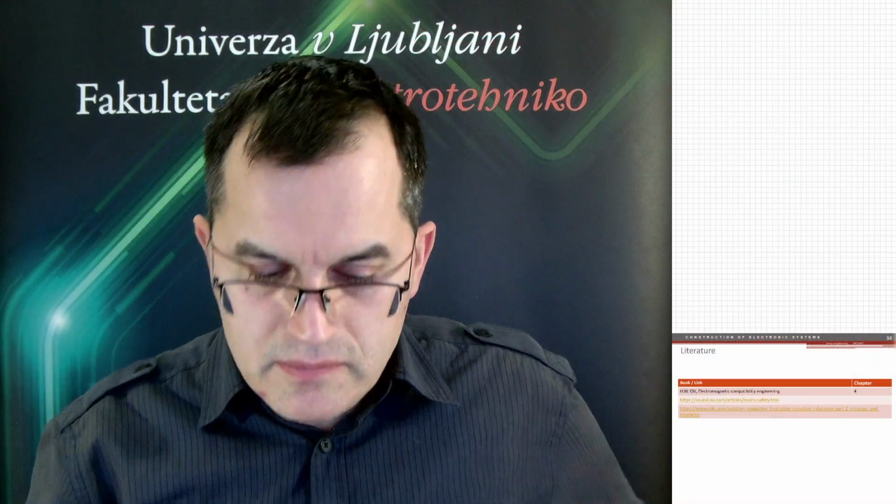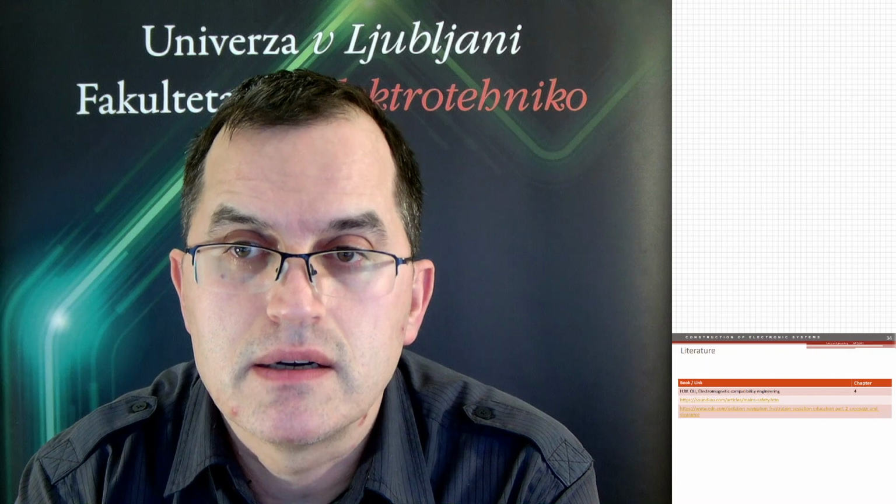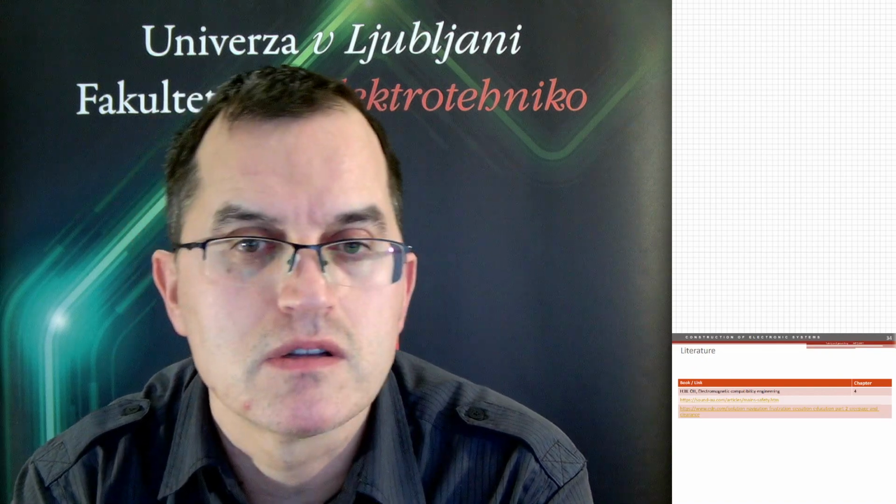Yeah, to summarize again, safety is an important part of your design when you are designing devices that are powered at voltage between 50 and 1000 volts AC or 75 and 1500 DC.